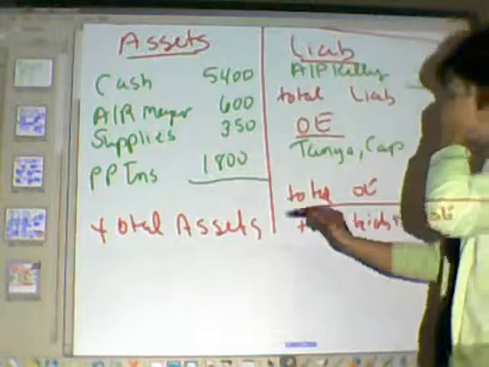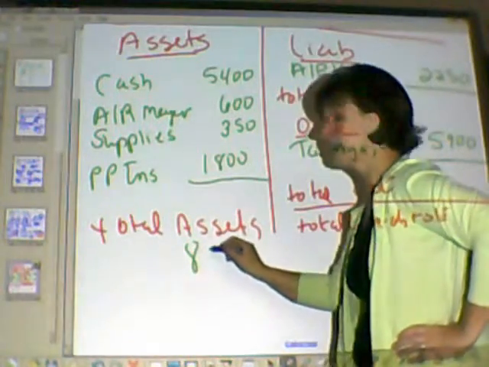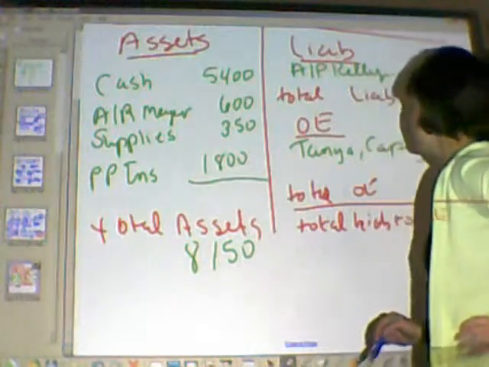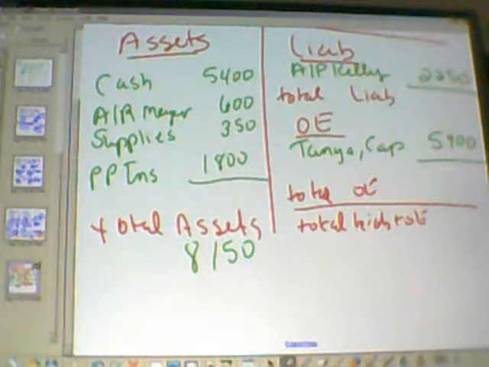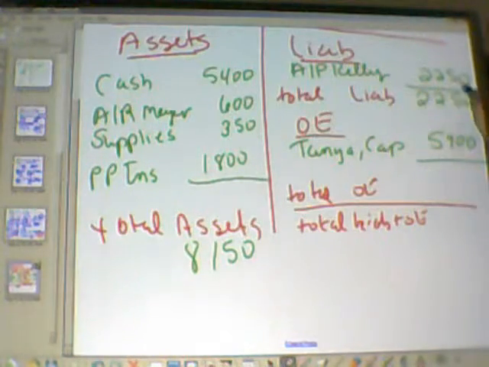Okay, Cole, what was your total assets? 8,100. 8,150. Elena, what's your total liabilities? 230,000.